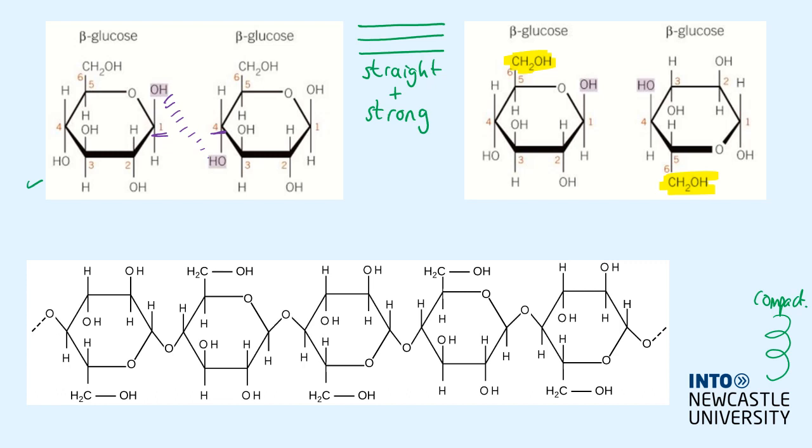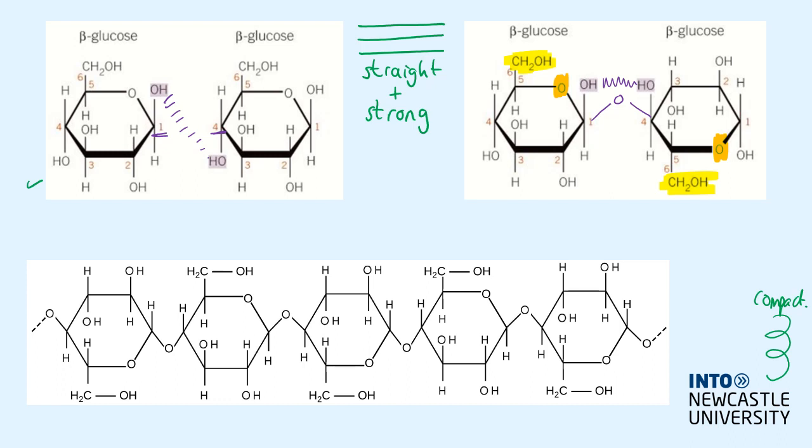And if we highlight the oxygen atom in the ring structure, you can see that they are pointing in different directions. And what this means is that we manage to line up the hydroxyl groups so that we can form that glycosidic bond between carbon 1 and carbon 4 very nicely.